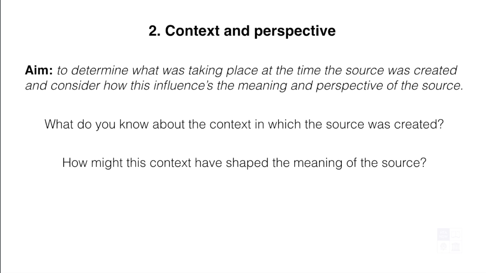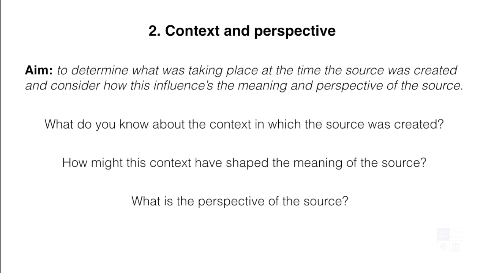Second question, how might the context have shaped the meaning of the source? Can you make a link? This is not always easy, but are there links to be made between the context and the meaning? This often takes some thinking, and hopefully you're given some extra information in your annotations to help you do this. And thirdly, I've put an important question there, and that is, we're trying to get to a point here where we can start to say something about the perspective of the source. Now, this involves at least two things, I think.